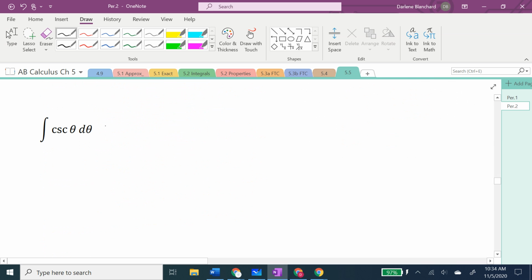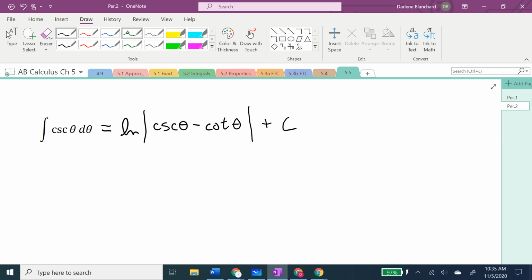In the textbooks, they're going to multiply and divide the fraction by cosecant minus cotangent. And that happens to allow me to not get a times -1 outside.